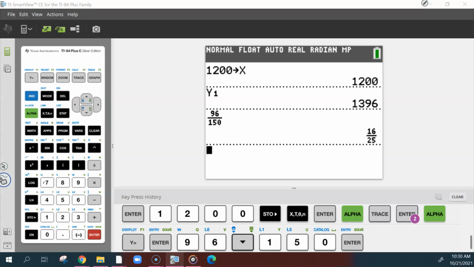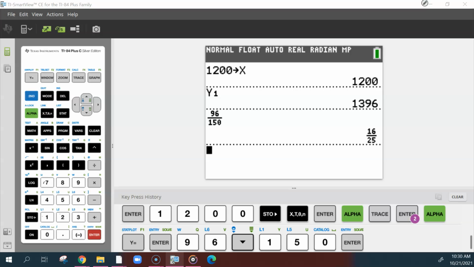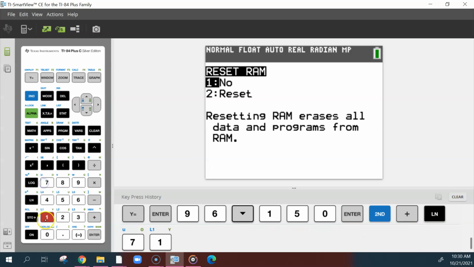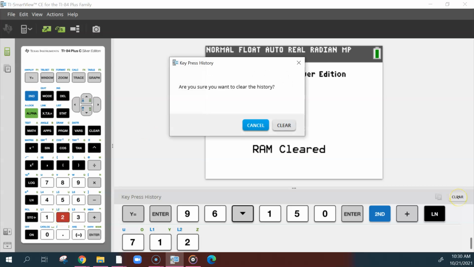Second plus 7 is 1, 2. Reset your calculator.